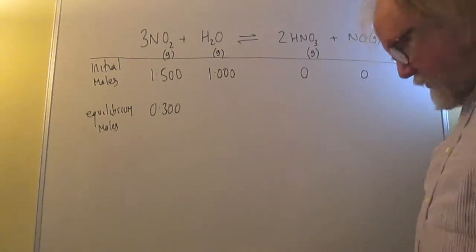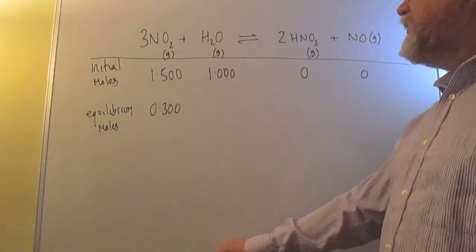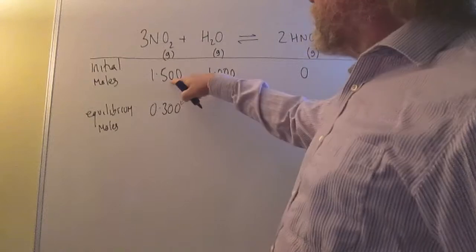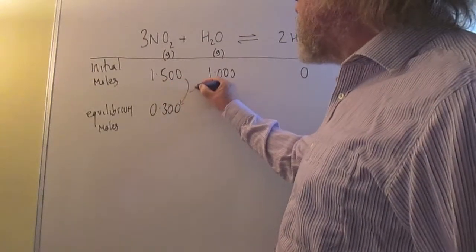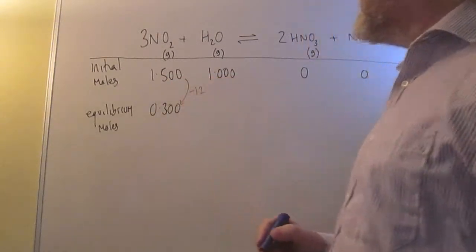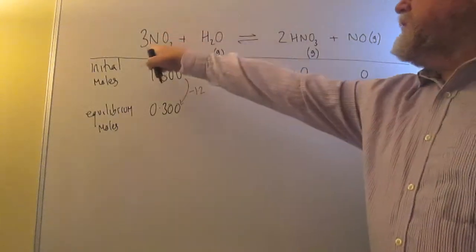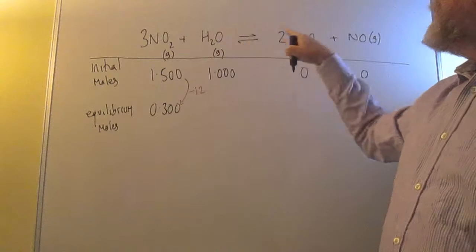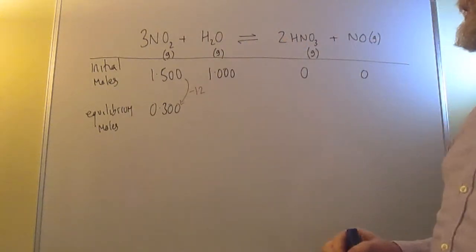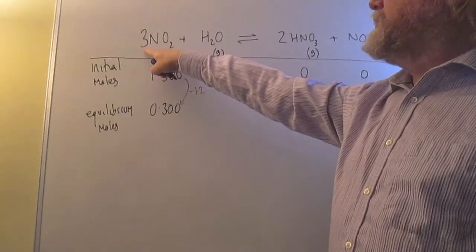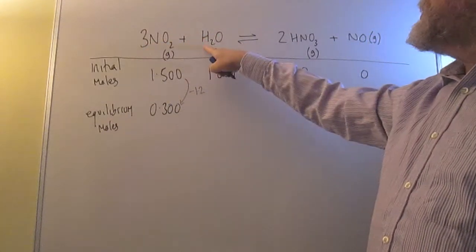So what you then do is you focus on the change. And you say, right, that went down from 1.5 to 0.3, so that's a decrease of 1.2 moles. Now, the equation relates the number of moles of everything involved in the reaction. So it tells you, for example, that 3 times as many moles of NO2 react as of H2O react.